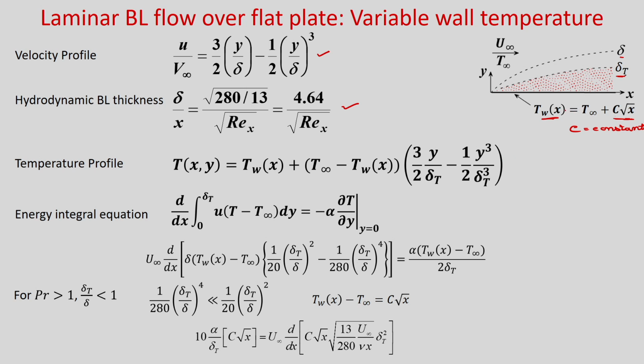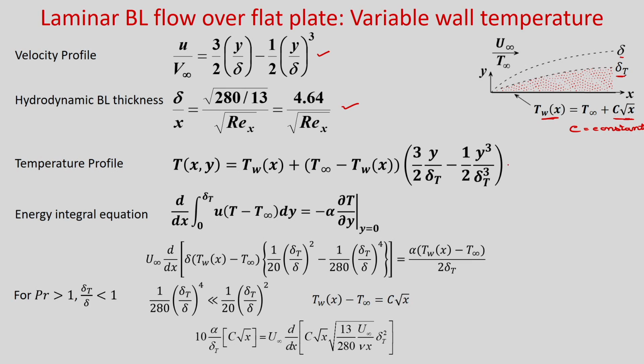Now, with these boundary conditions, in the last class we used the uniform wall temperature boundary condition, and for that we found the temperature profile. So, the same temperature profile we can put where T_W is a function of x. You can see this is the same expression that we derived already for the uniform wall temperature boundary condition, and this is T(x,y), but here T_W is a function of x.